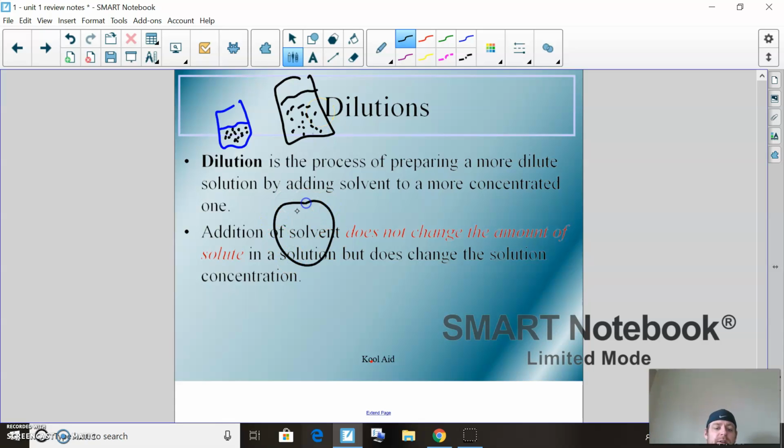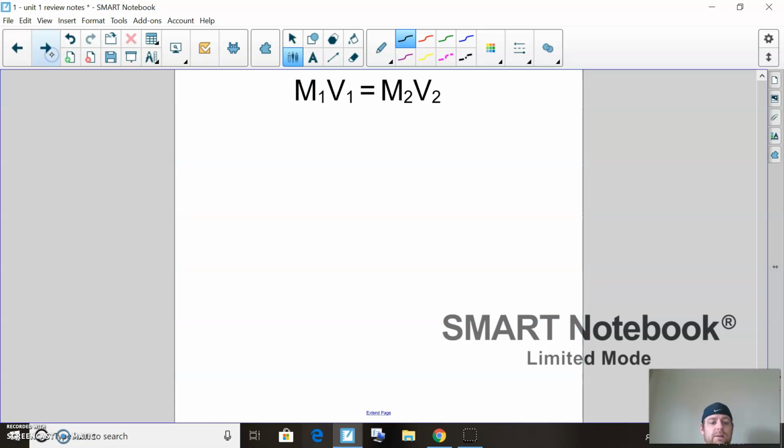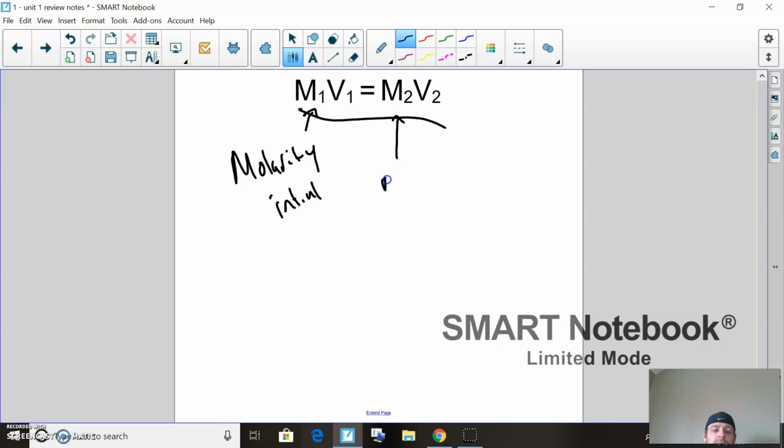So adding solvent doesn't change the amount of molecules you have in there. All it does is just add water and lower the concentration essentially. So this is our base equation. M is molarity. M1 means initial molarity, and M2 is final molarity.